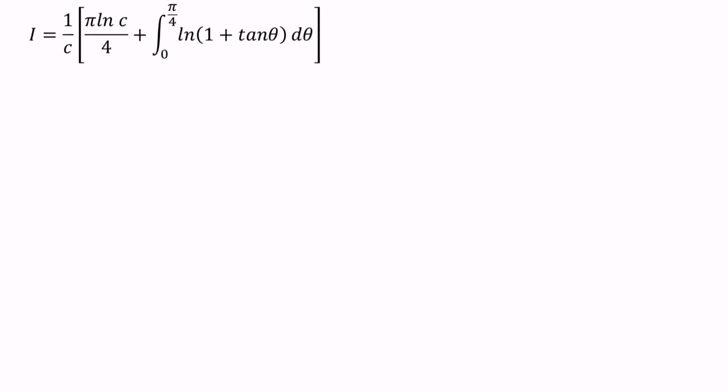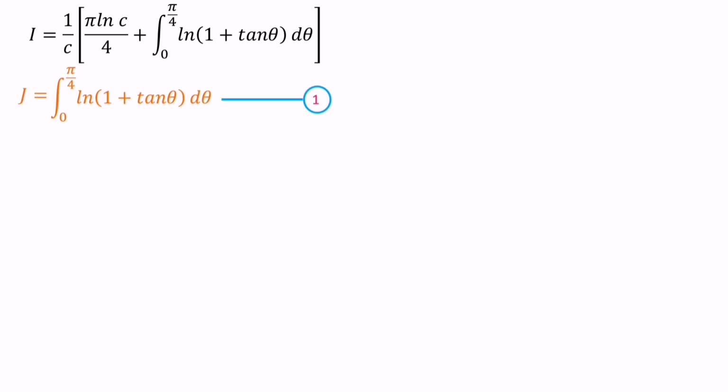Now we need to find the integral 0 to pi over 4 of ln 1 plus tan theta. Let's consider this integral as capital J. So we need to find this capital J value. Let's take this capital J as equation number 1.